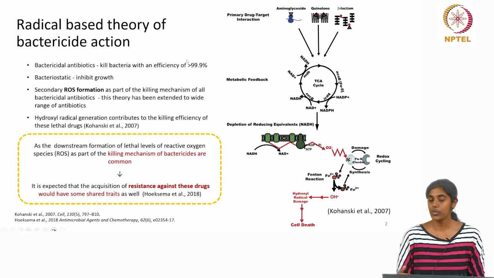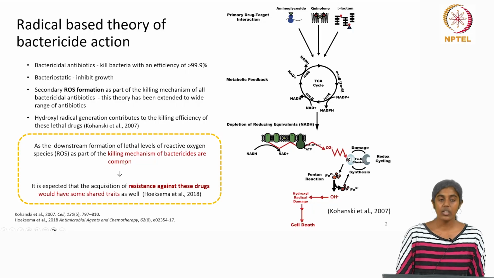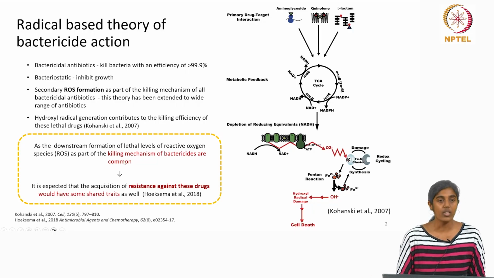This could be due to reduced NADPH, the products of the TCA cycle, or Fenton reaction processes. This results in a surge in ROS in the bacteria's intracellular concentration, which leads to cellular damage that kills the bacteria. This is known as the radical-based theory of bactericide action.